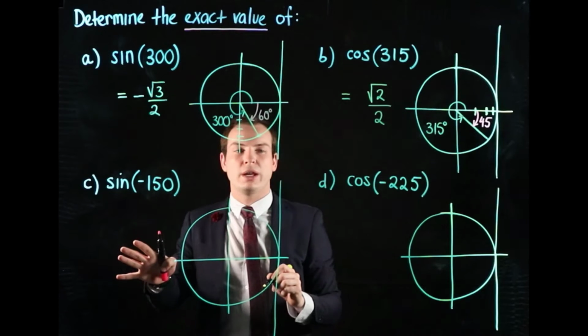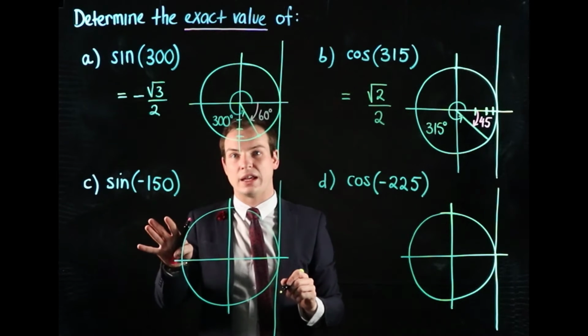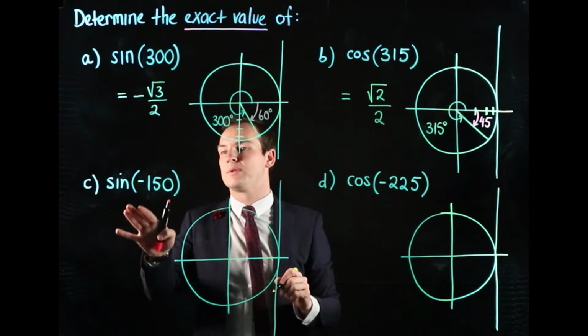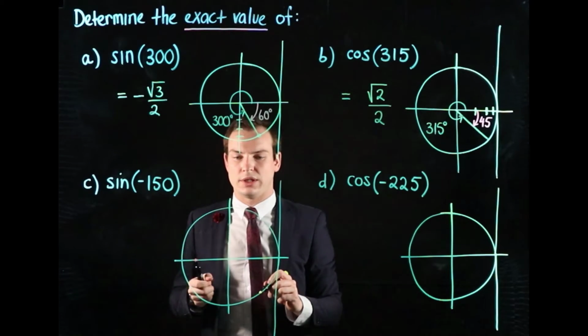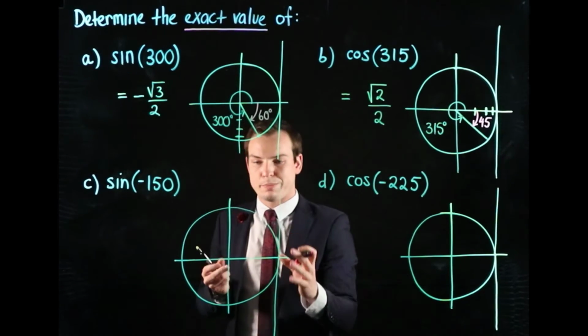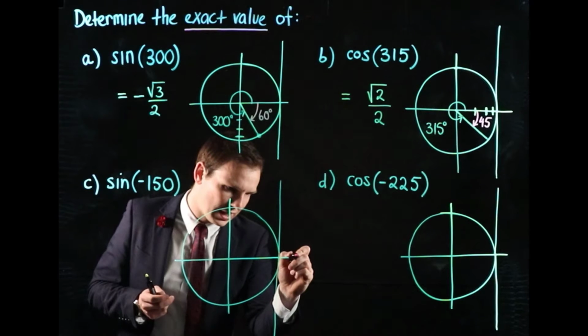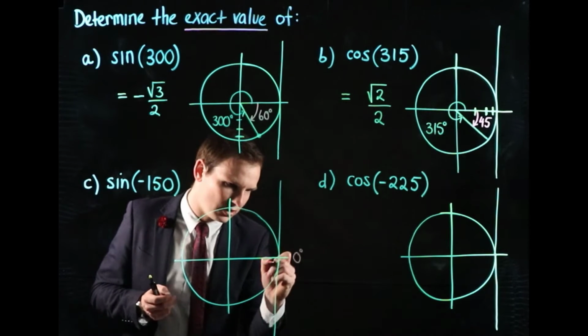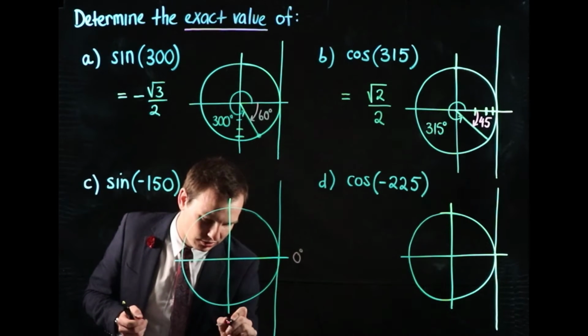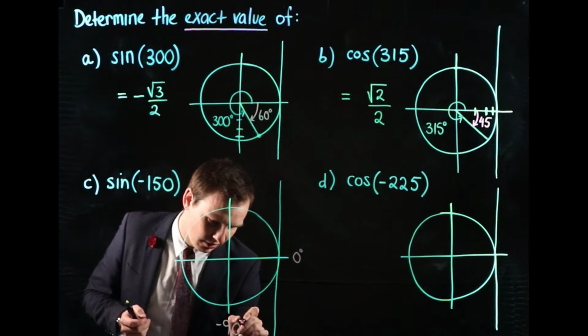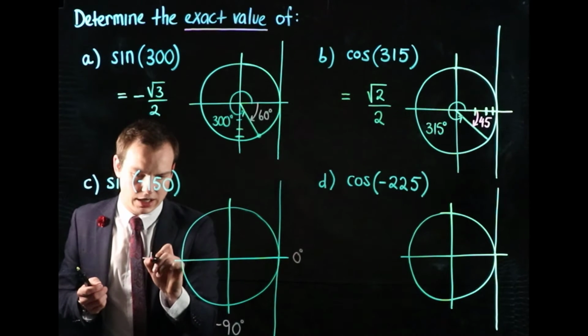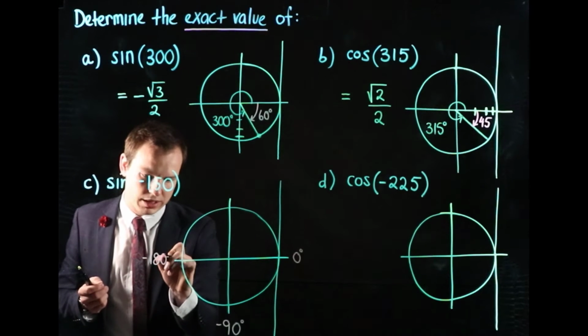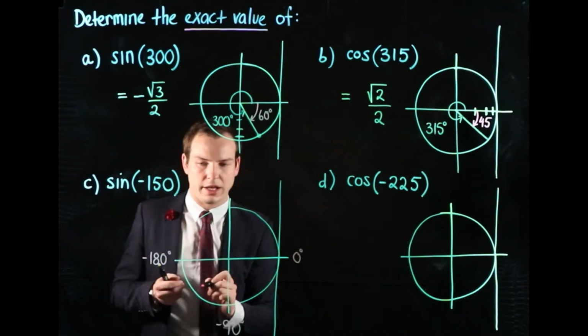For part C, we're now going to start looking at negative angles. We want the exact value of sine of negative 150 degrees. If we were to go backwards around this unit circle, we'd start here technically at 0 degrees, and we'd go back to negative 90 degrees here, and negative 180 degrees would be back as a straight line.